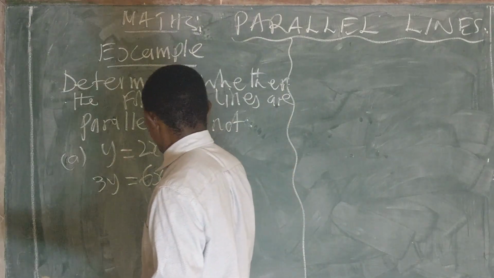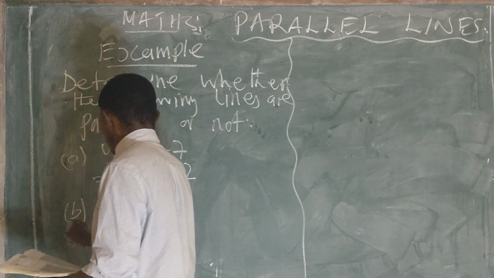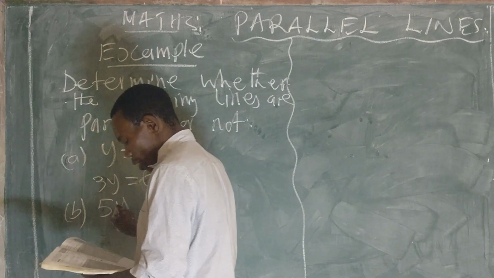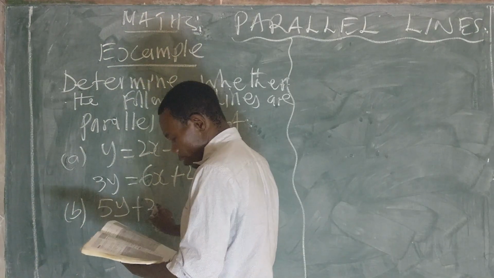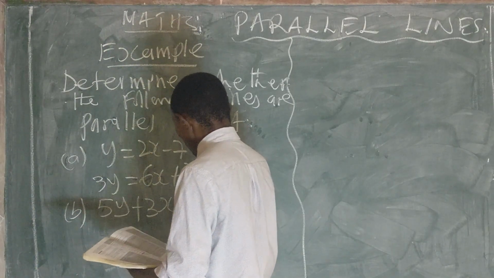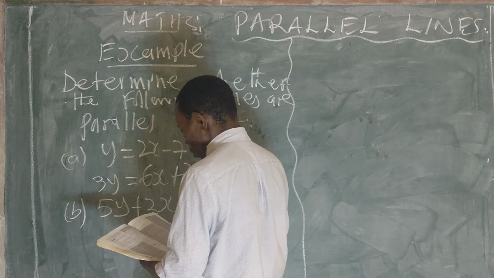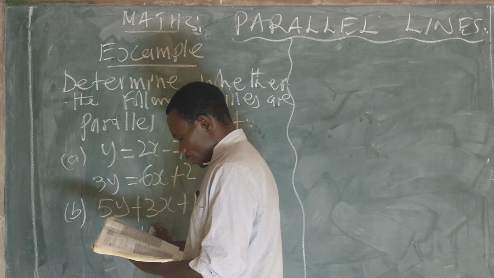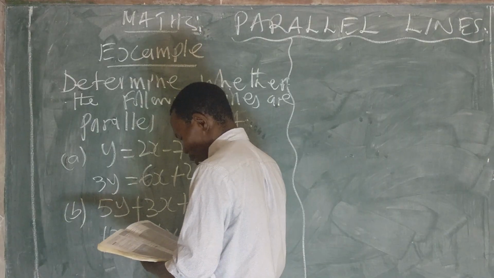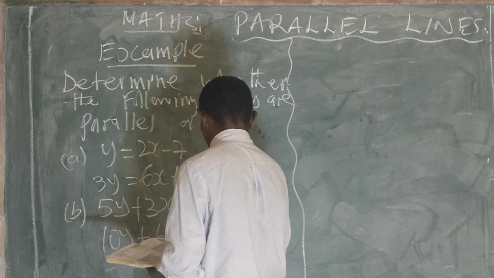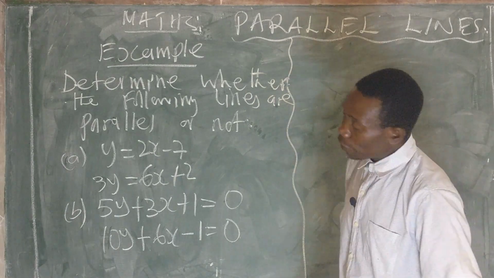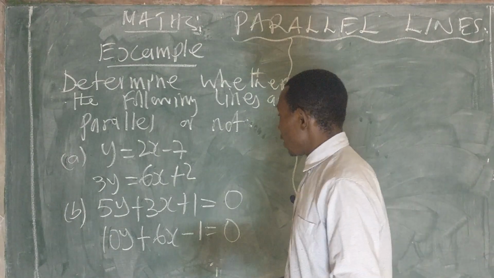The second category is another pair where we have 5y + 3x + 1 = 0, and here I've got 10y + 6x - 1 = 0. Lines are parallel if they have the same gradient.